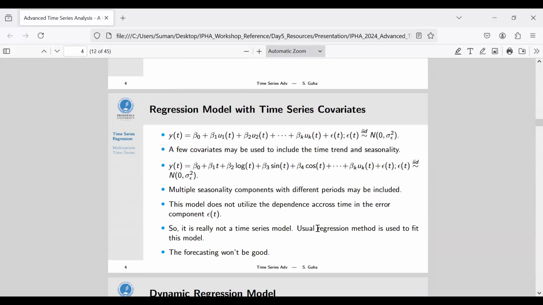But if you don't assume ARIMA, you are assuming that the errors are IID, which will definitely give you poorly performing estimators. So whatever estimate you are getting for these unknown parameters, which gives you an idea about the effect of temperature, humidity and other variables, may be misleading. On the other hand, if you work with an ARIMA error, you will get more accurate estimates.